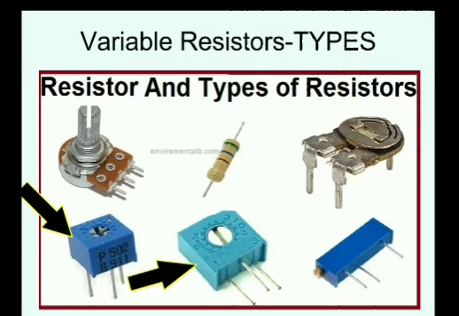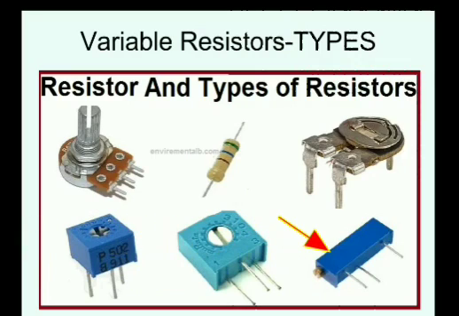We'll see these two models which the black arrow is showing you. They are nothing but presets used in industry on the PCB, but they are protected ones, they are not open. So they are better than the previous open type of preset. And the other one is, as we have just seen, a trimming pot.